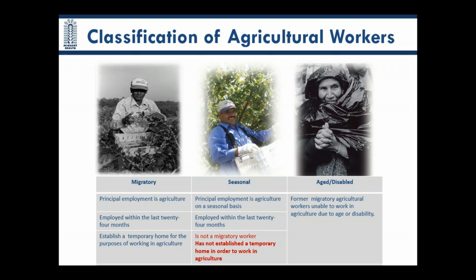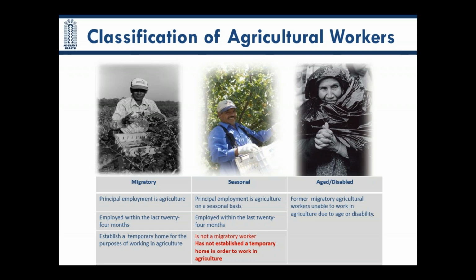So to recap, there are 3 classifications of ag workers for the Migrant Health Program. We have a migratory ag worker, seasonal, and aged and disabled. For migratory and seasonal, we want to make sure that in the last 24 months, they were employed in ag.